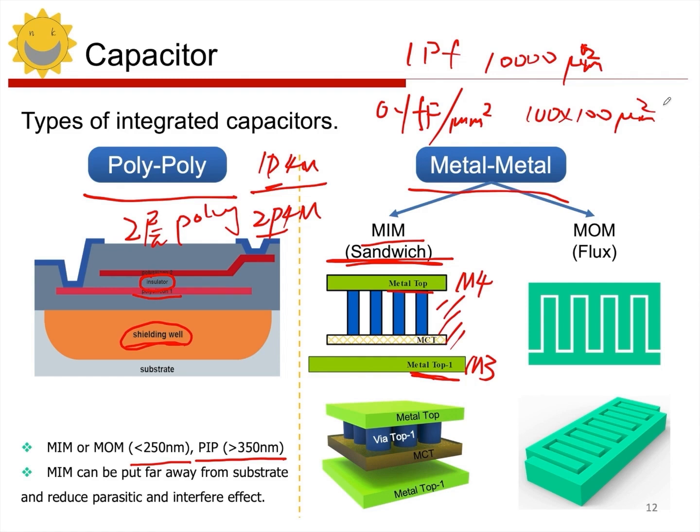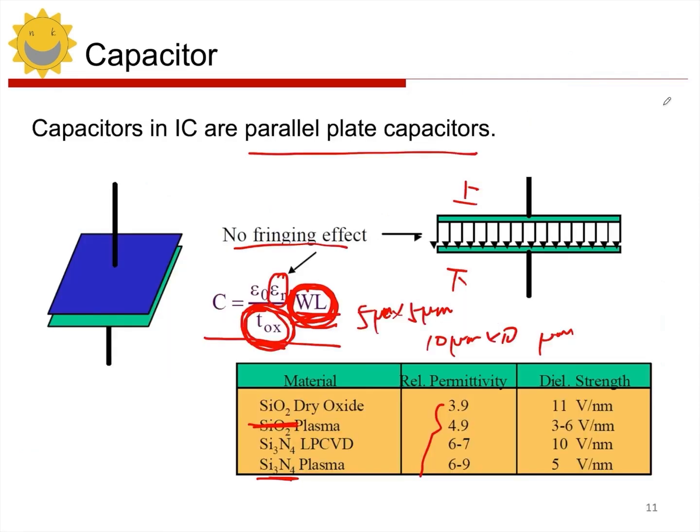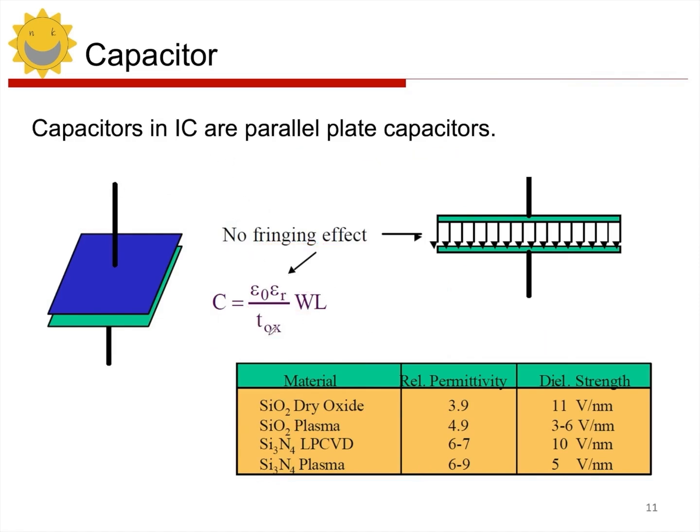So what can we do about it in terms of manufacturing? We just talked about capacitors, right? So what are the key factors that affect capacitance? There are just a few parameters, right? First of all, I can't change the permittivity because the material is fixed, right? Now, since I want to create a larger capacitance, I definitely need to increase the area, but I don't want to make it too large, right?